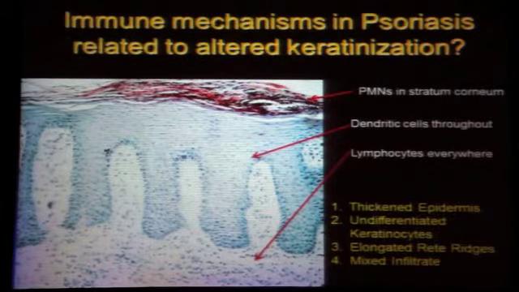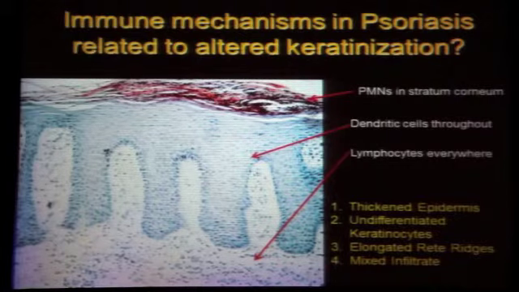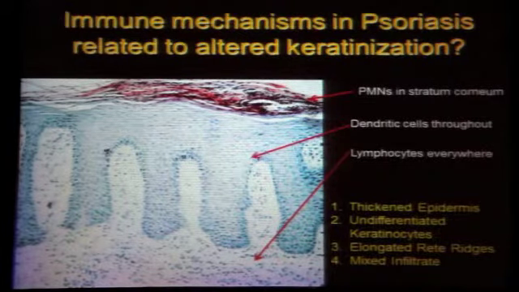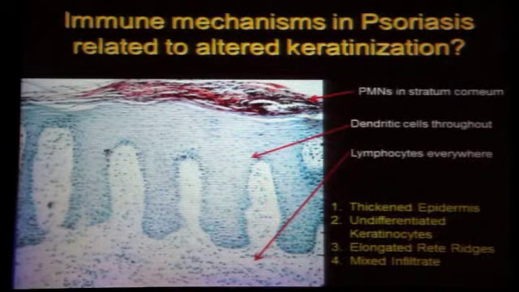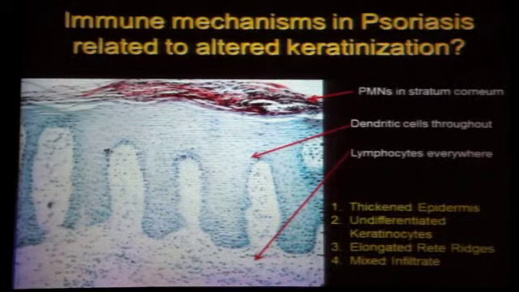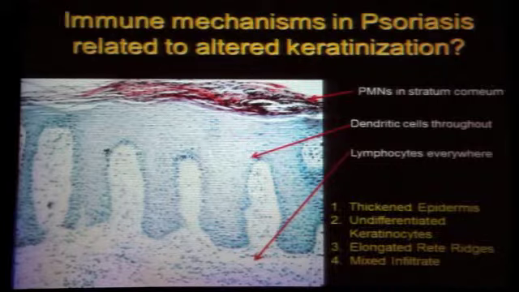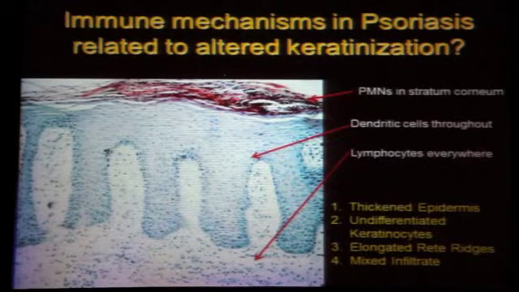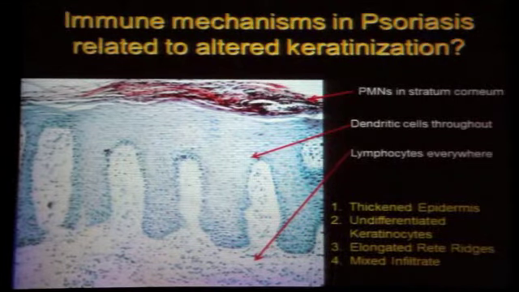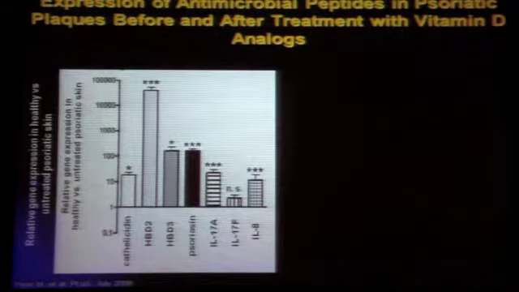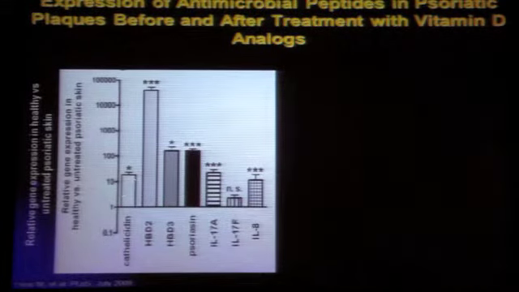So again, it's all linked together means that it can all be affected together, right? That these are the targets of our biologics. These are the targets of our topical therapies. And this is where, again, vitamin D can not just impact this component, but it's also affecting all of this inflammation, right?